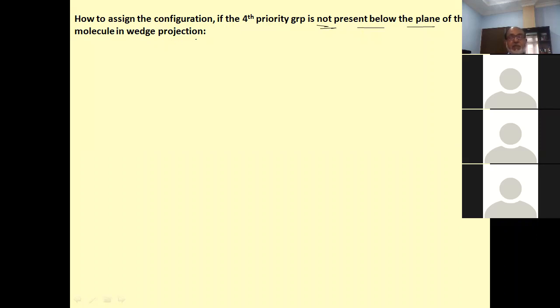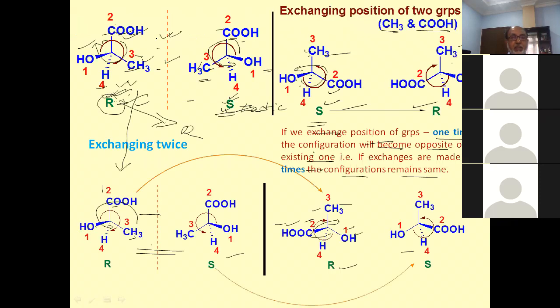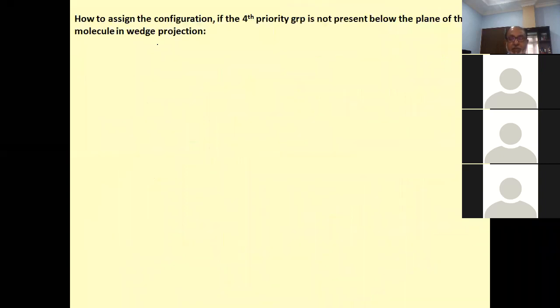That means not below, not behind your view. Just see, here the fourth priority group is behind, right? It's not necessary that my fourth priority group will always be at the back side. It may be placed here, it may be placed here. In that case, what to do?